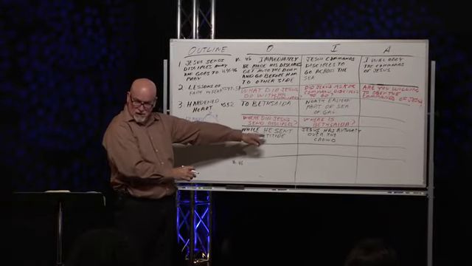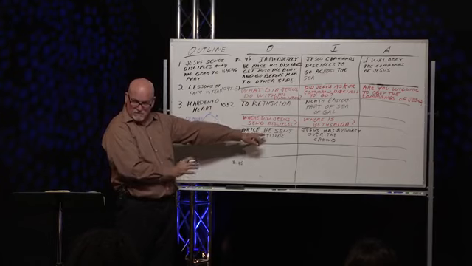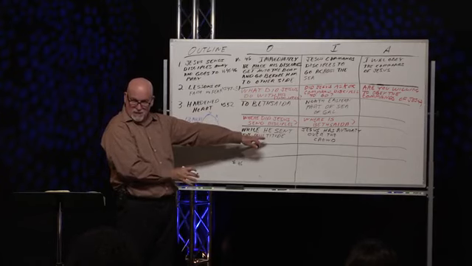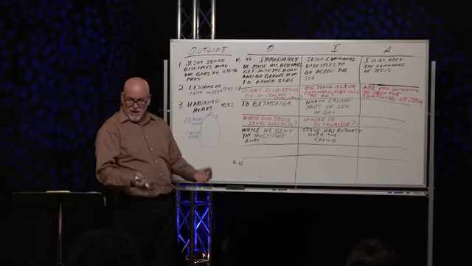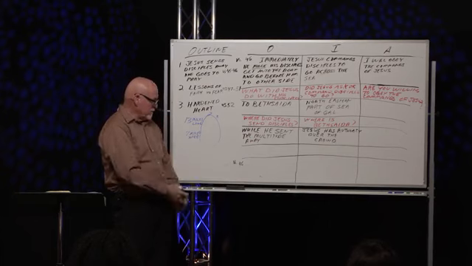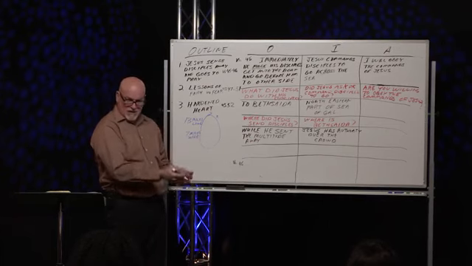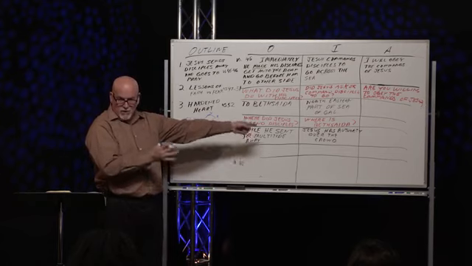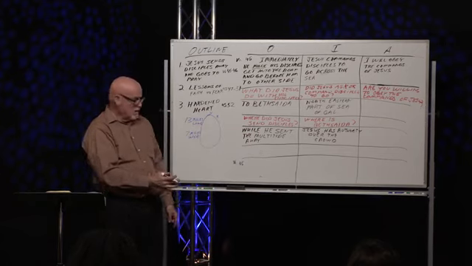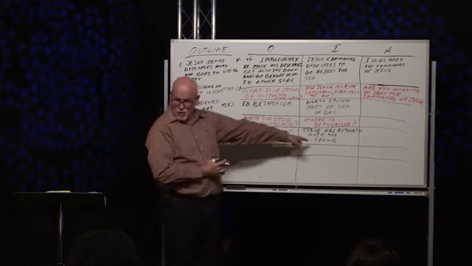How difficult, after feeding those 5,000 plus, how difficult would it be to send them away? They've got a full stomach now. And he's working miracles. People are being healed. There's just all kinds of things going on. It would not be easy to do. So you ask yourself, how in the world did he get them away? Well, you see, Jesus has authority.